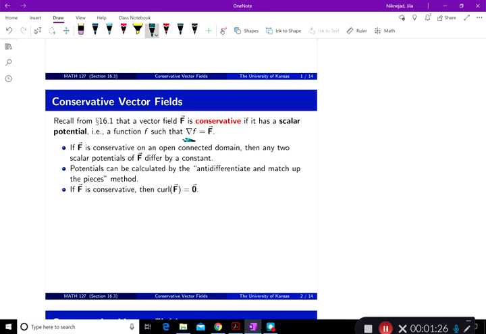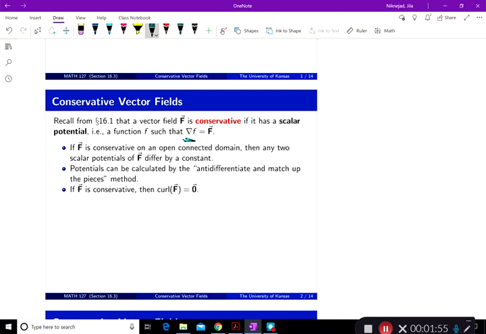If F is conservative on an open connected domain, then any two scalar potentials of F only differ by a constant. Well, that sounds familiar. That's more like the calculus of one variable story: if the difference of any two functions is a constant, their derivatives are going to be the same.